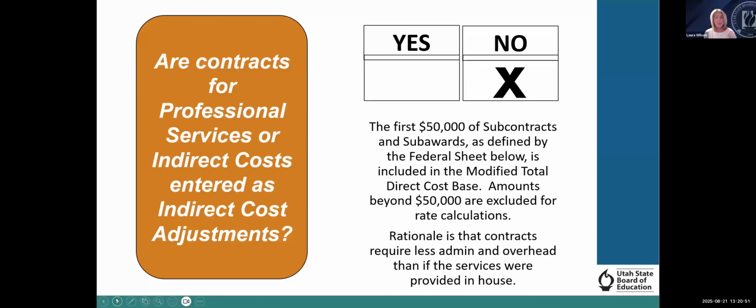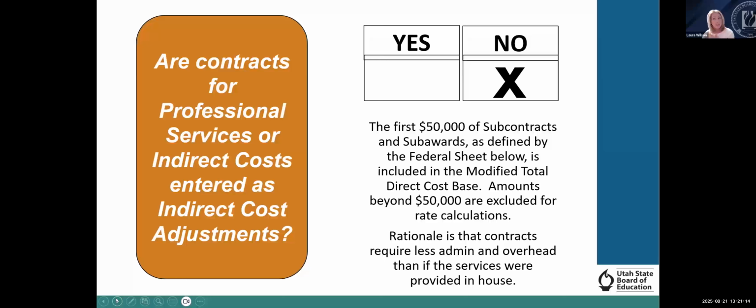So contracts can be a little bit tricky, but again, it's really key that we try to keep this consistent. I often suggest to people that you have a separate workbook where you have all the contracts at your LEA listed, how you have classified each according to this rubric, and possibly some notes as to why.